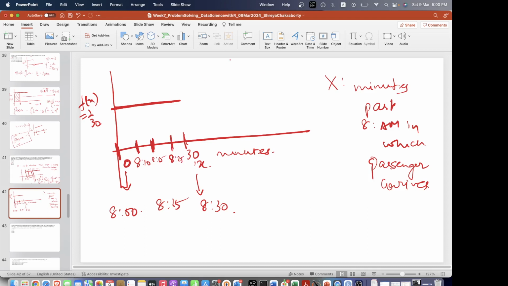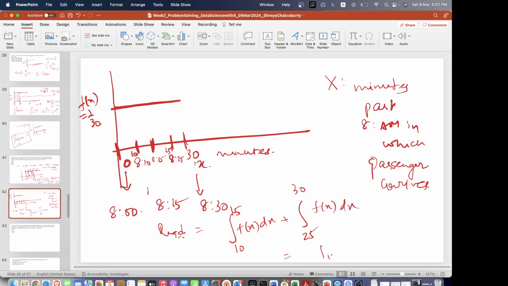So this is 10 minutes and this is 25 minutes. The required probability is then the integral from 10 to 15 of f(x) dx plus the integral from 25 to 30 of f(x) dx.